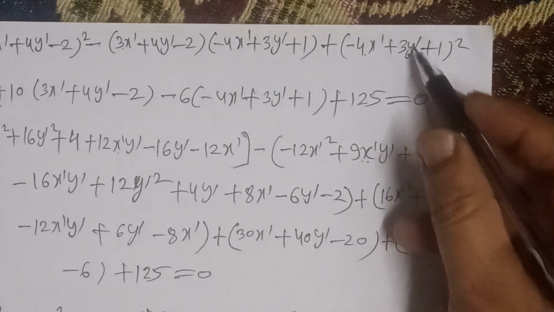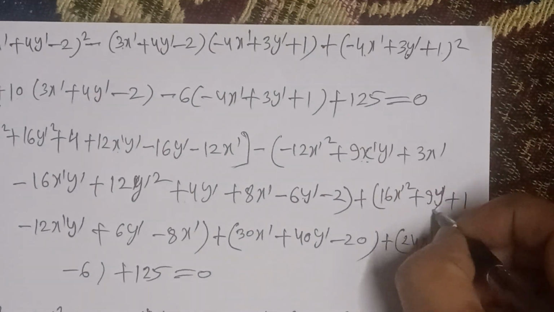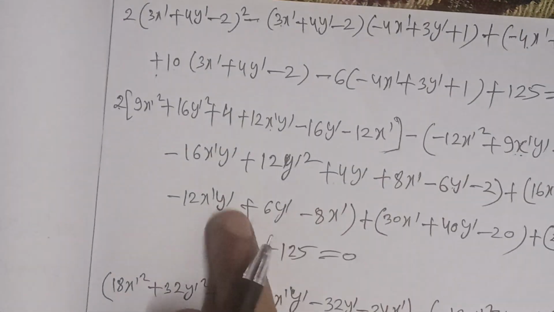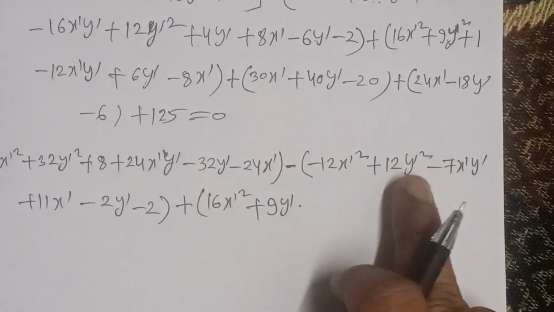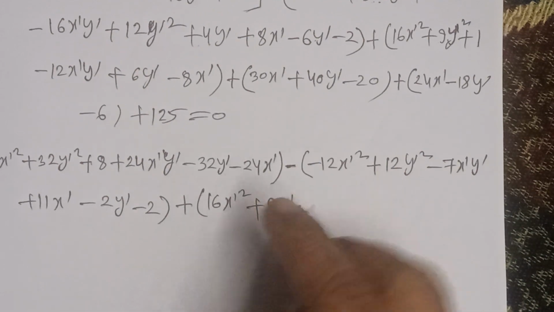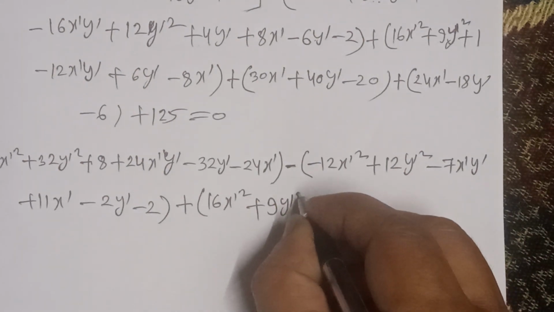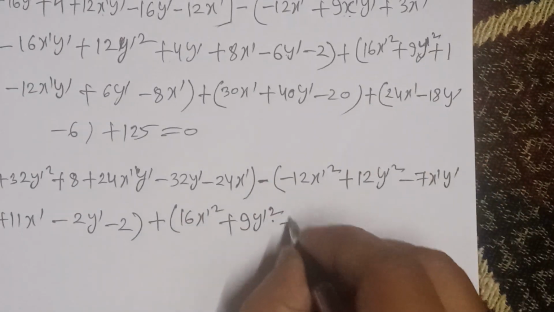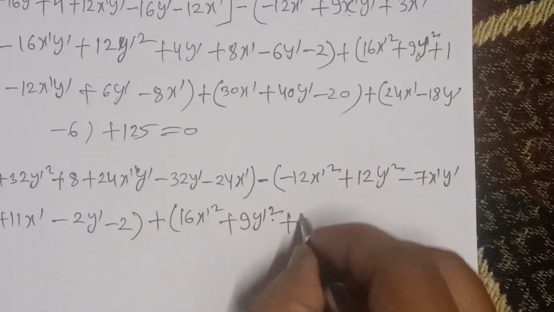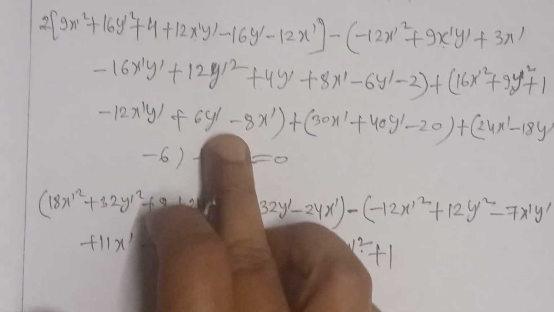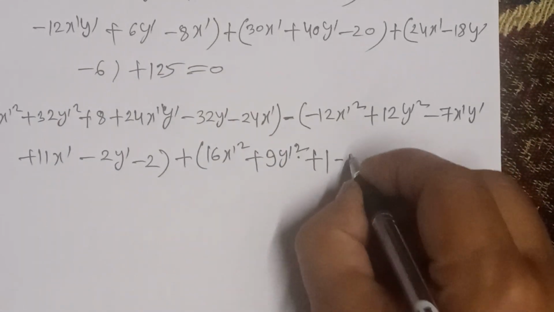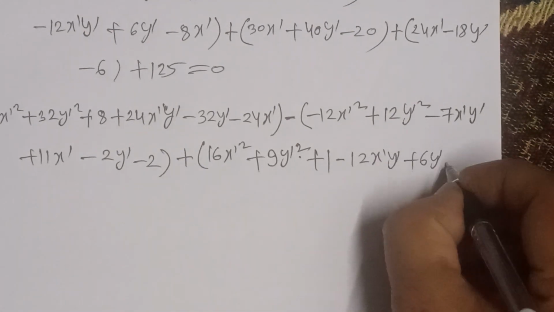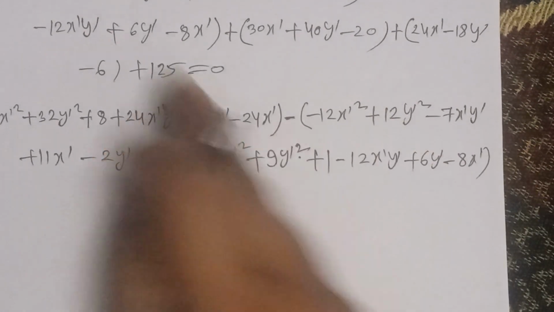First term is square, second term is square, so I write y' square here, and third, and this first, second you get. I think you got this mistake, so I write y' square plus 1, all this term without any change of third bracket, minus 12x'y' plus 6y' minus 8x'.